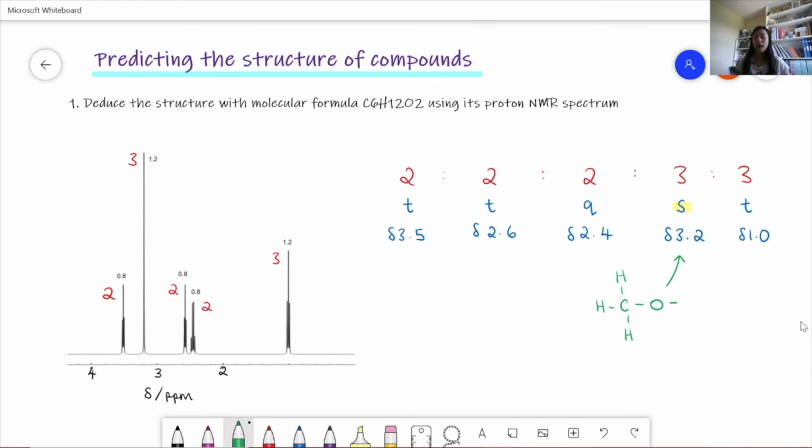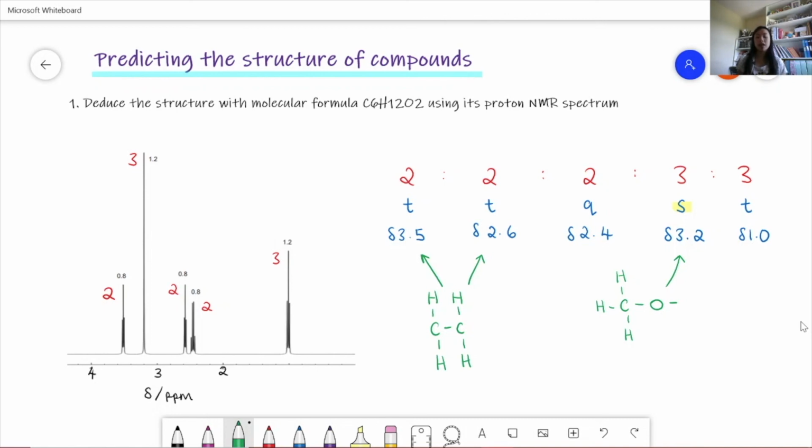And now, using the table we looked at before with some common signals, we actually have 2 triplets, and we have the ratio of 2 to 2. So this implies to me that we have a CH2-CH2 group, because for example, if we took the carbon on the left, the 2 hydrogens on it would produce a triplet peak, because the adjacent carbon has 2 hydrogens on it.